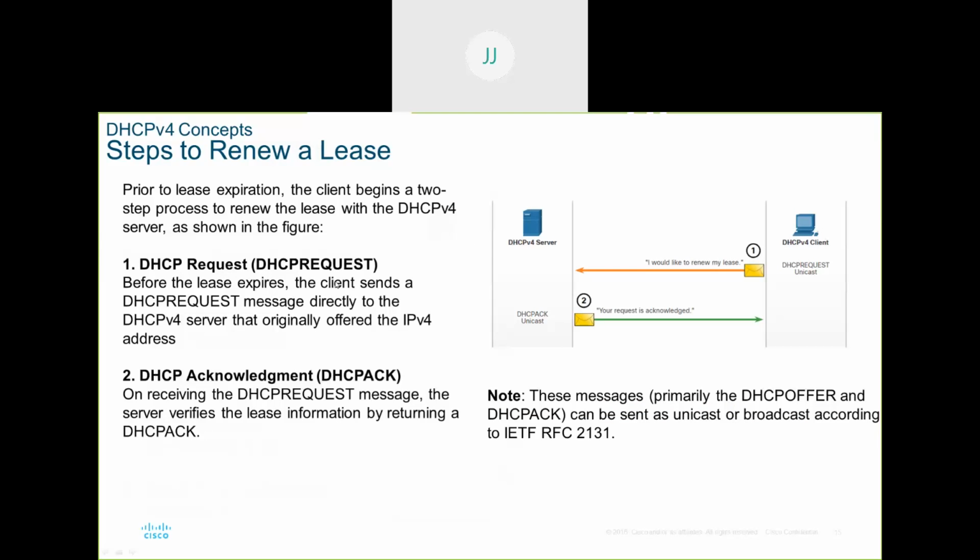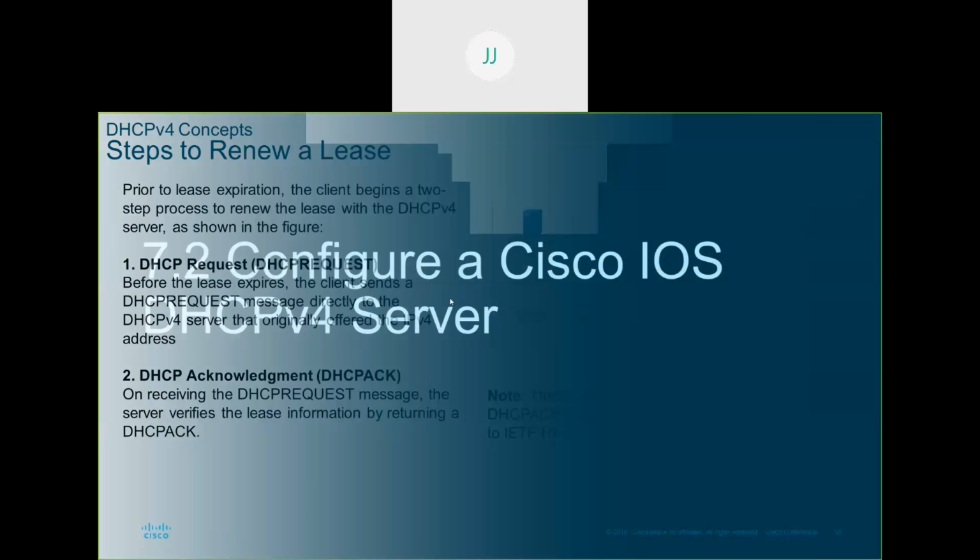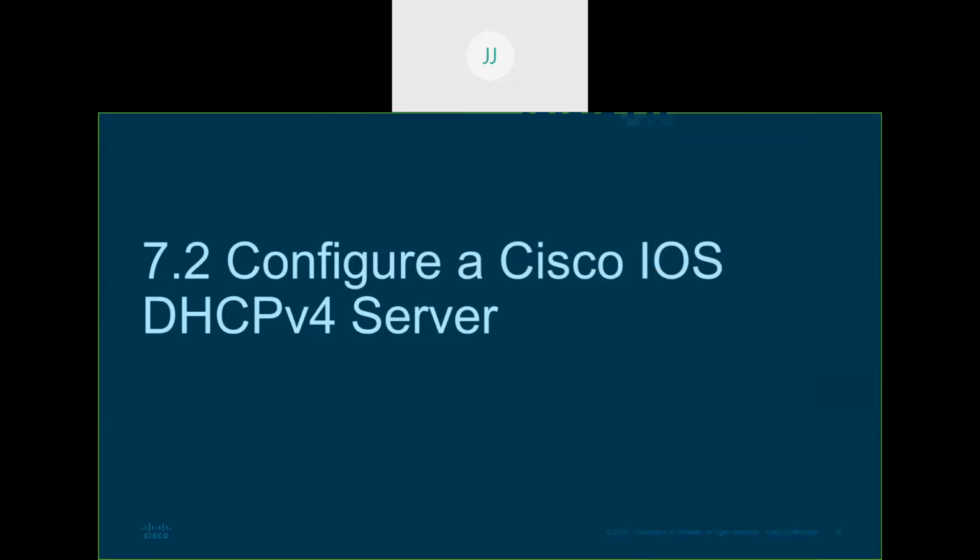The client sends out a DHCP request, and the DHCP server responds with a DHCP acknowledgement. And that's basically how DHCP works. DHCP definitely has advantages. The larger a network is, the more difficult it becomes to manage using static IP addresses.